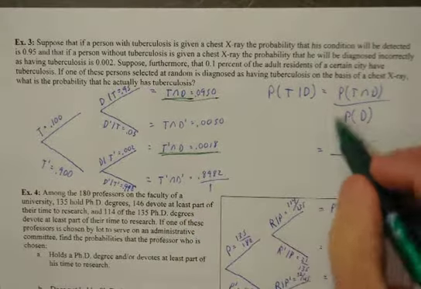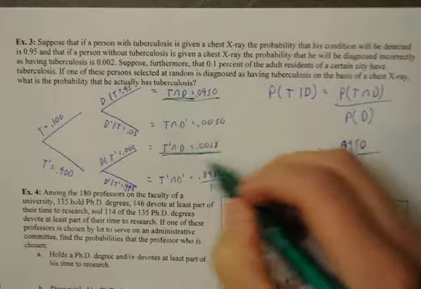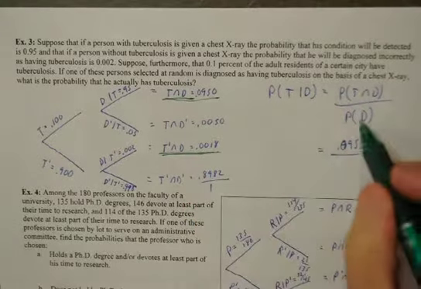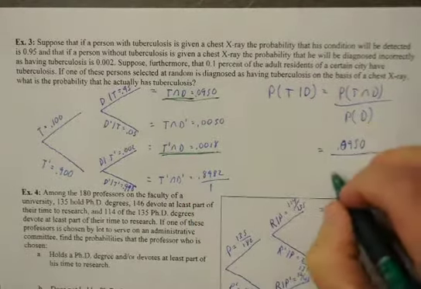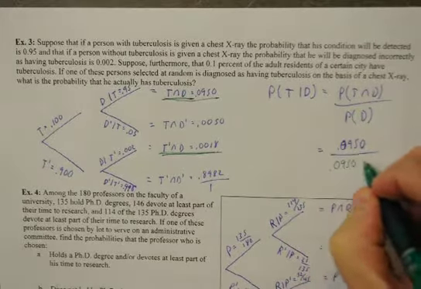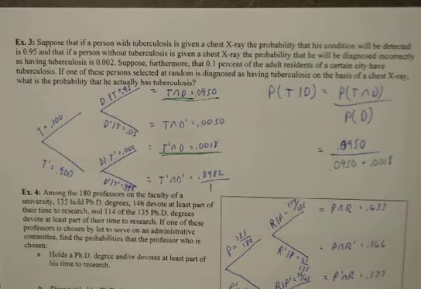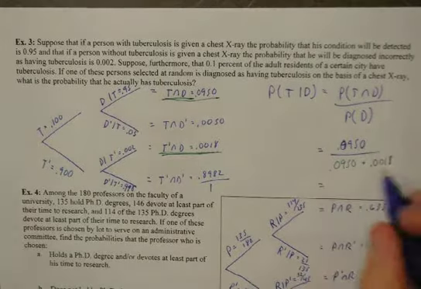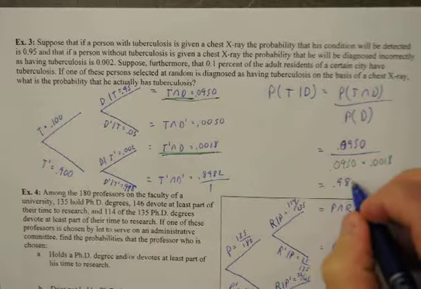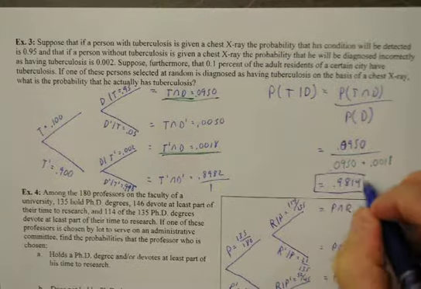So we have to add up these probabilities because both end in a diagnosis. Like that, and when you put that in your calculator, it ends up being that right there.